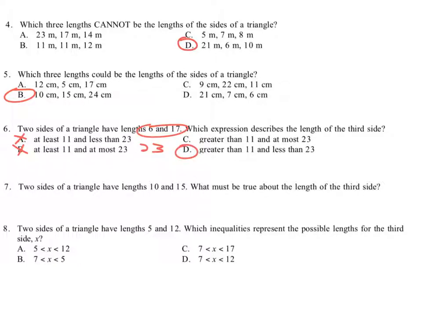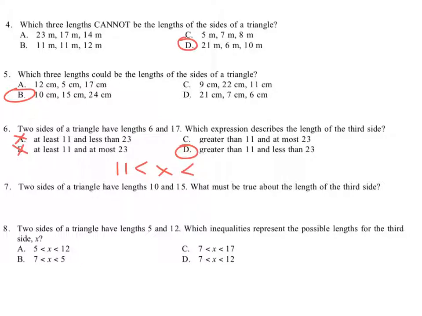Now, the quick trick for this, and once you hopefully understand the concept, you'll understand why this trick works, is to say, what is 17 minus 6? These two numbers that they gave us, of the two lengths that we know. 17 minus 6 is 11. That's going to be the missing side, if it was one of the shorter sides, has to be more than that in order for a 6 and that shorter side to add up to more than 17.